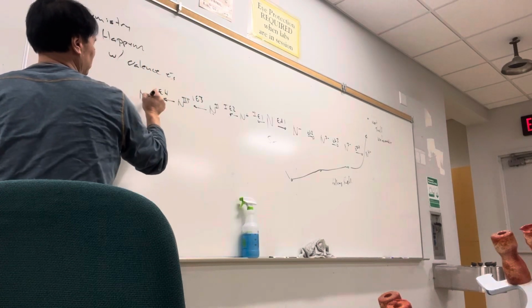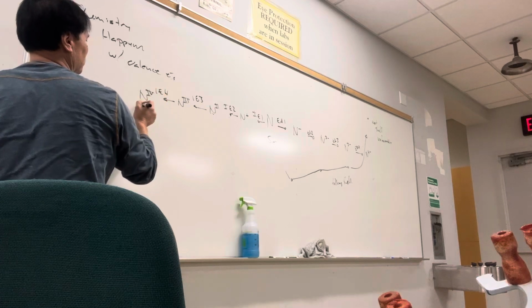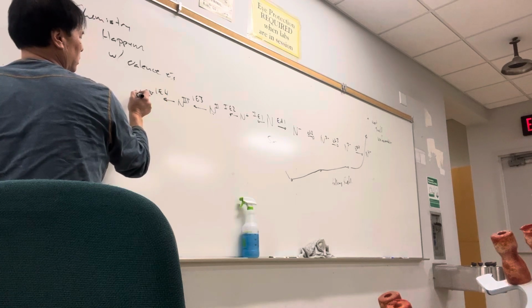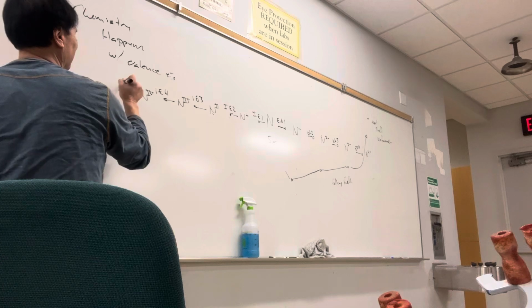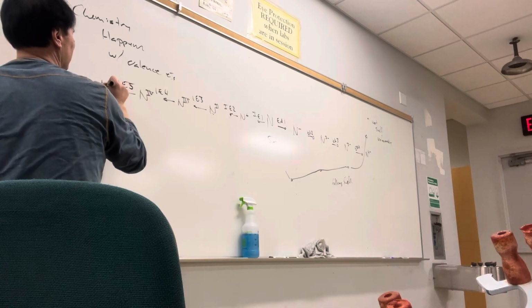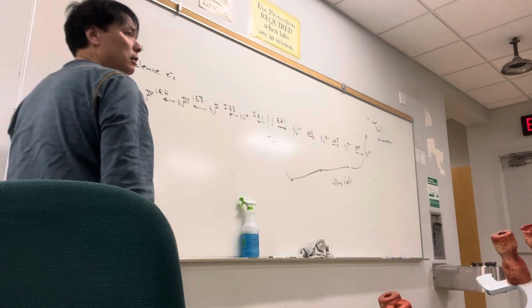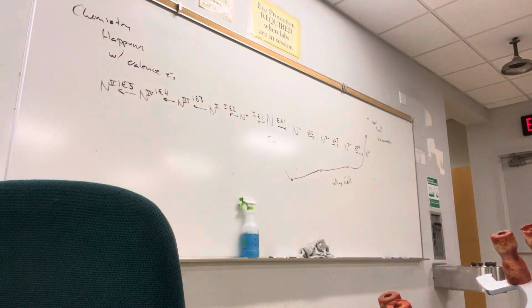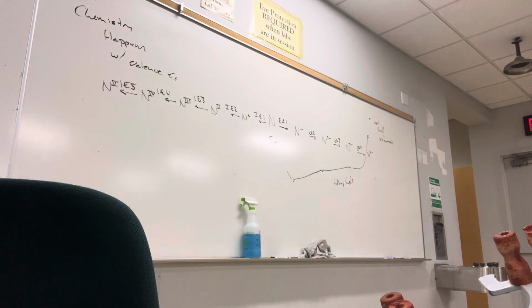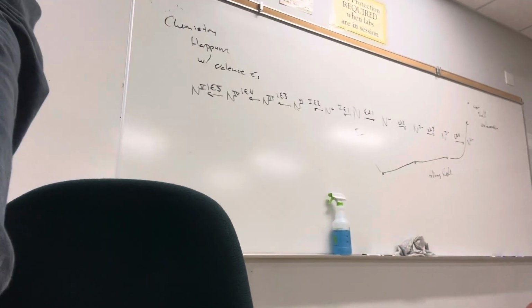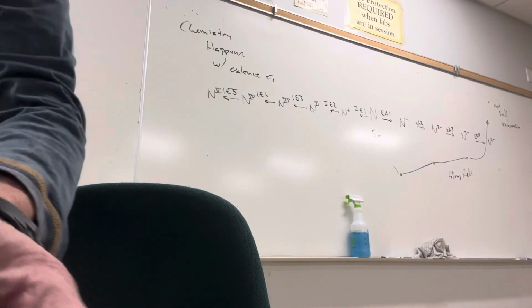IE4, which will give us nitrogen in the plus 4. And then finally IE5, which gives us nitrogen in the plus 5. Nitrogen in the plus 5 oxidation state we know is significant, because what's significant about nitrogen in the plus 5 oxidation state?